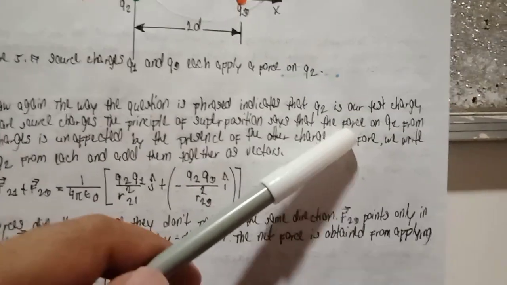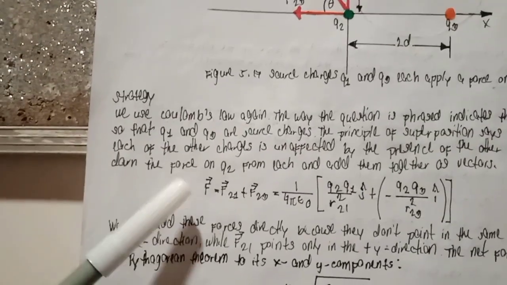Therefore, we write down the force on Q sub 2 from each and add them together as vectors.